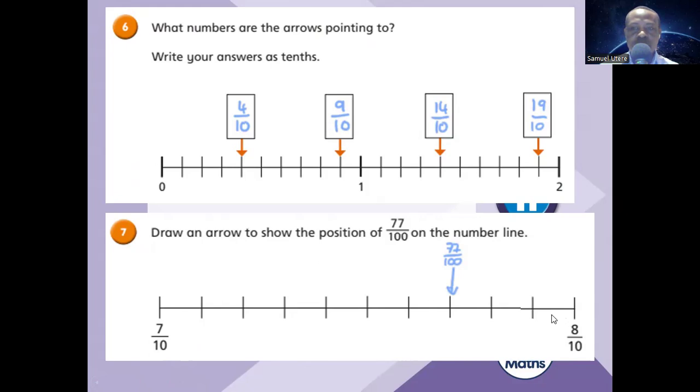So if we have 10 intervals, we can divide 1/10 by 10, and 1/10 divided by 10 will be hundredths. Now we can use the fact that 7/10 is 70 hundredths and 8/10 is 80 hundredths. So using that knowledge, that will be 71, 72, 73, 74, 75, 76, 77 hundredths.